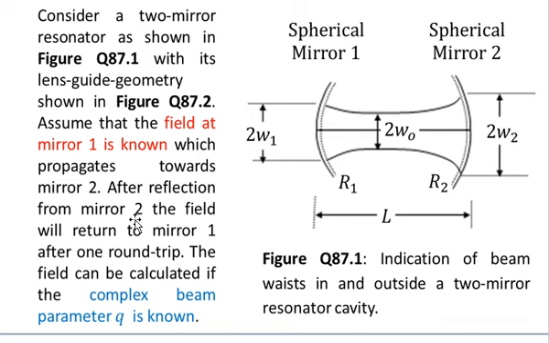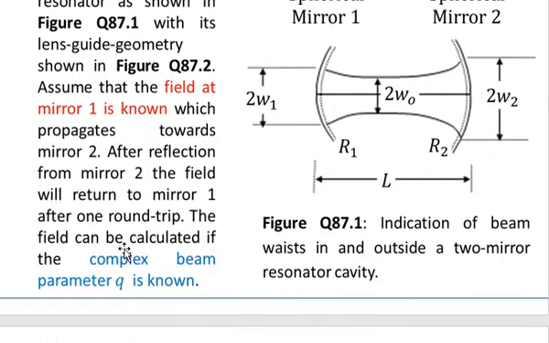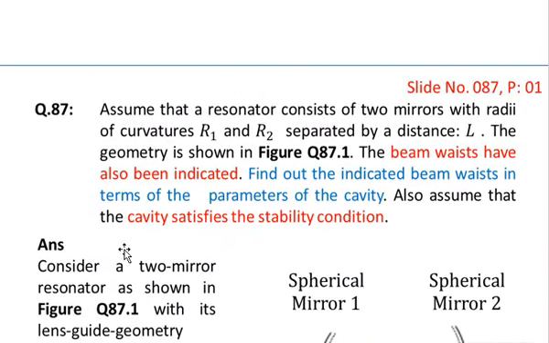After reflection from mirror 2, the field will return to mirror 1. After one complete round trip, the field can be calculated if the complex beam parameter Q is known. And you know that Q is actually the complex radius of curvature. The detail about the value of the parameter Q has been discussed in the previous slide, that is in slide number 86.